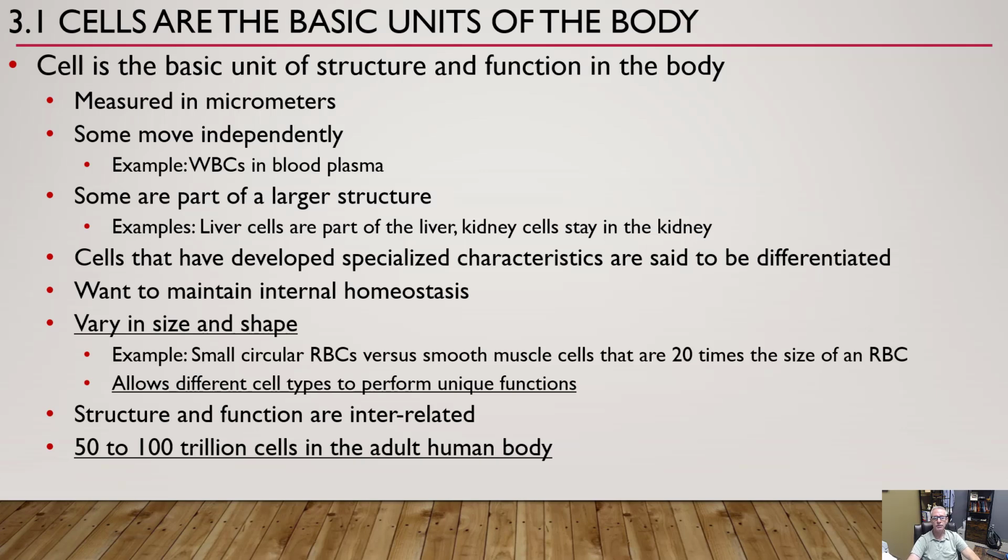And it just allows for different types of cells to perform their unique functions. And it allows for that structure and function to be interrelated. We have about 50 to 100 trillion cells in the adult body.